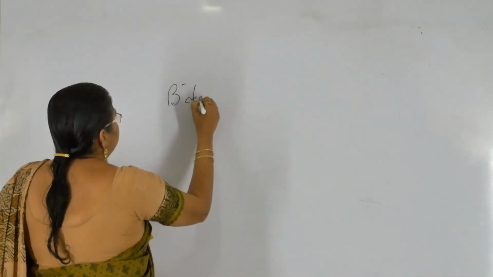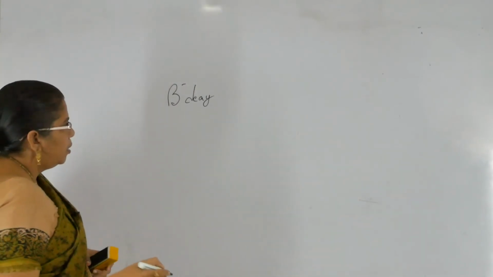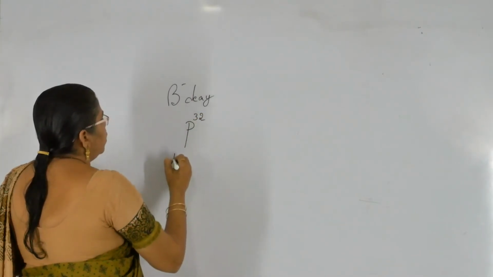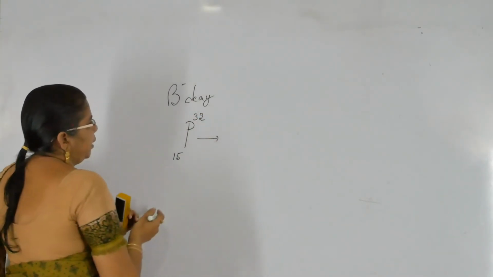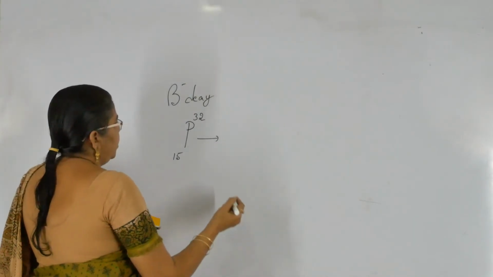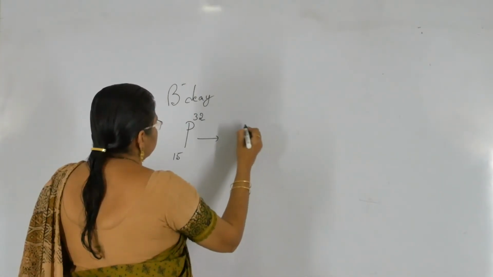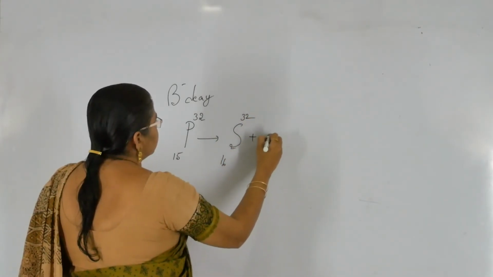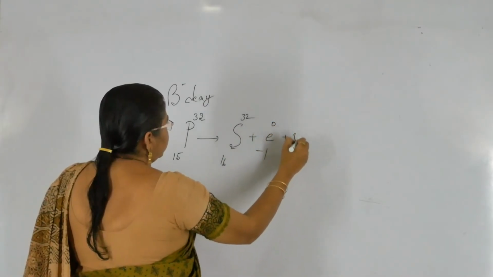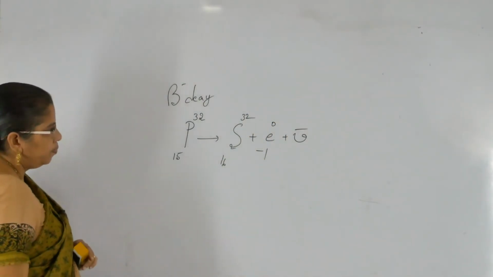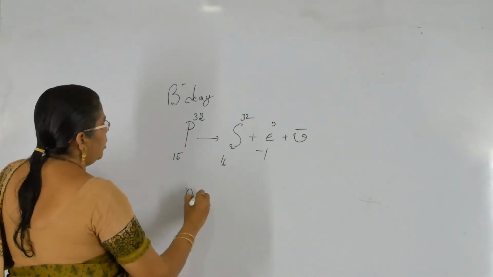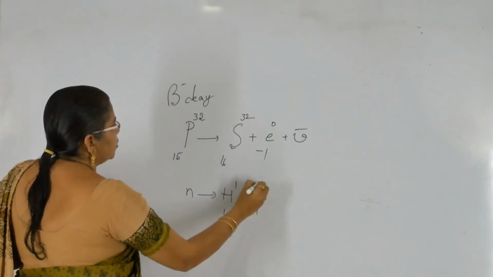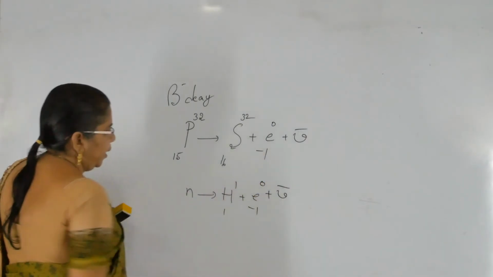Beta minus decay, or how beta decay takes place. Suppose I take phosphorus-32-15. In beta decay it gives sulfur-32-16 plus e-minus-1-0 plus an antineutrino, because a neutron is converted into a proton plus an electron.